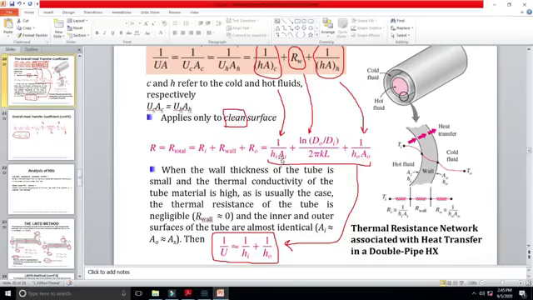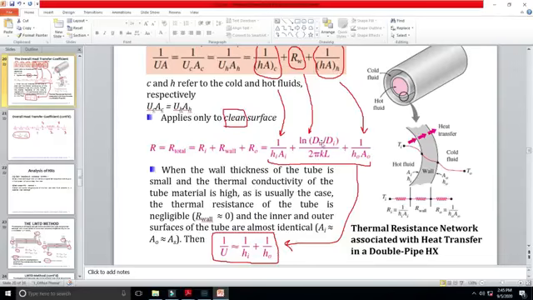And I had told you while I was explaining this particular slide that if inner and outer diameters are approximately the same, then Ai and A naught will approximately be the same as well. So that A will get cancelled out throughout. So it would be 1 over UA is equal to 1 over Hi Ai plus 1 over H naught A naught, and that area would get cancelled out throughout the equation. So we will be left with 1 over U as approximately 1 over Hi plus 1 over H naught.